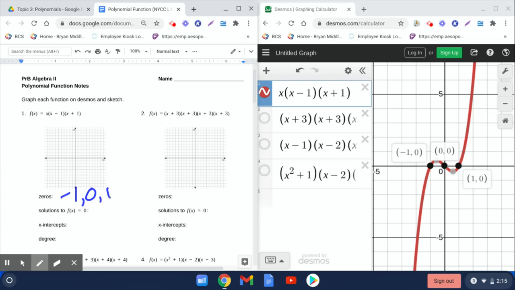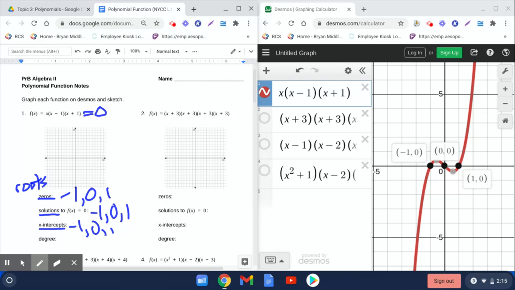Now, the solutions, if we set this thing equal to 0, are those exact same things, -1, 0, and 1. The x-intercepts are also -1, 0, and 1. So zeros, solutions, x-intercepts, roots, those all mean the same thing.